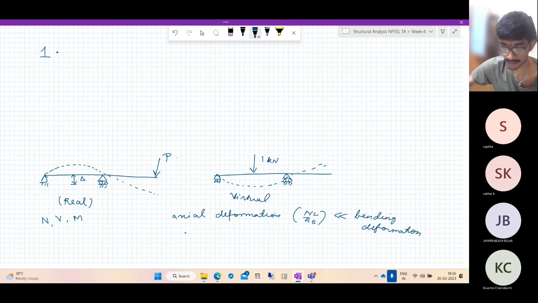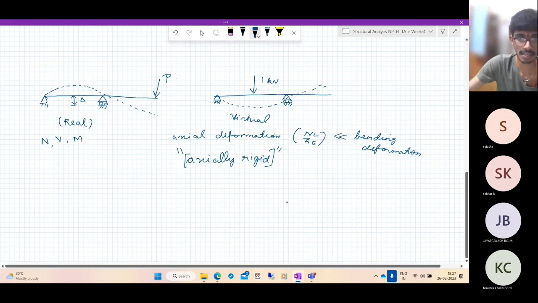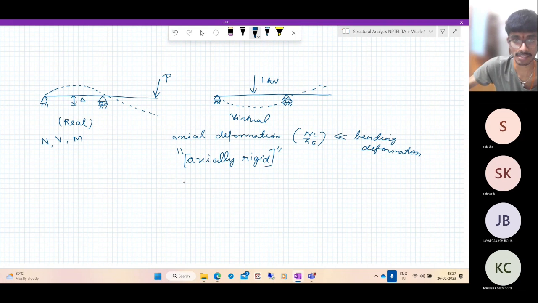So in common practice, beams are treated as axially rigid. And the second assumption is that we also don't consider shear deformations.